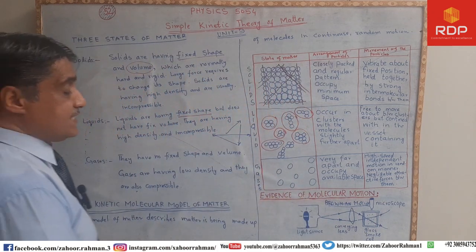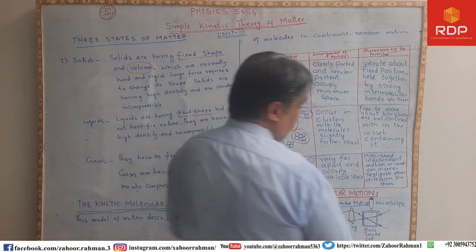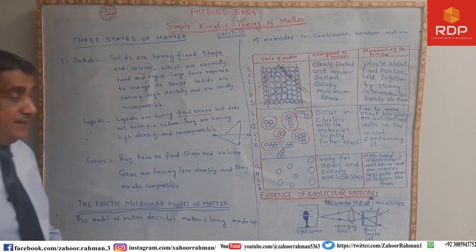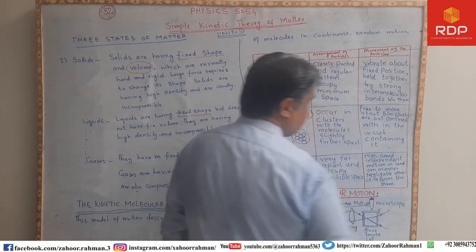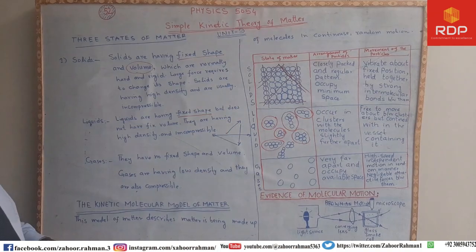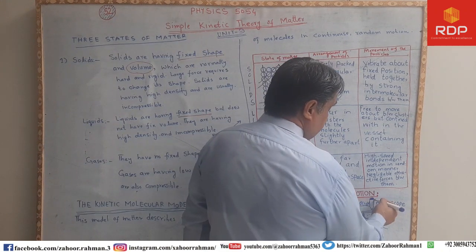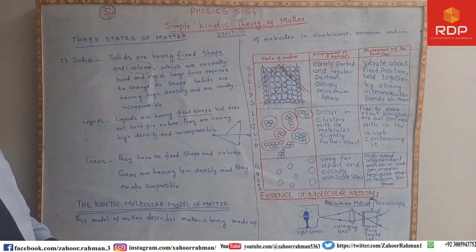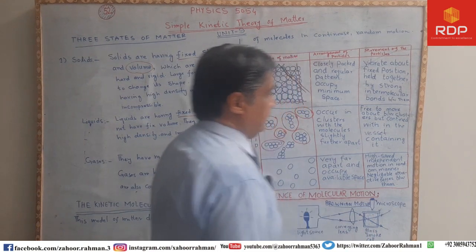This is glass smoke cell or chamber which is sealed from here, which is sealed from here, and there is a little smoke inside this cell which is placed under the microscope. This is the microscope. This microscope is being able to see the motion of this smoke particle.